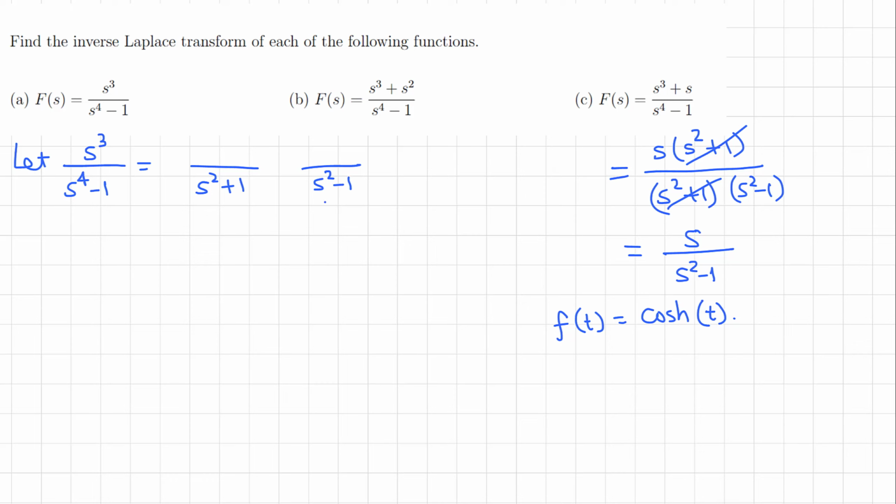This one factors further, but since we have the formula, we don't have to go all the way down to s plus 1, s minus 1. So I'm going to leave it here, and we might not have to do everything, because we need to produce s cubed on the top. Let's put a plus sign here, and whatever we put here, we need to multiply. It's kind of cross multiplying.